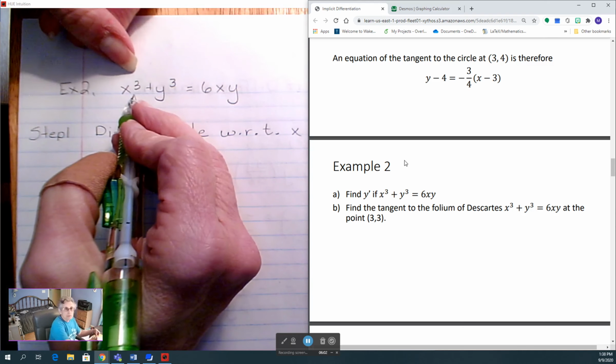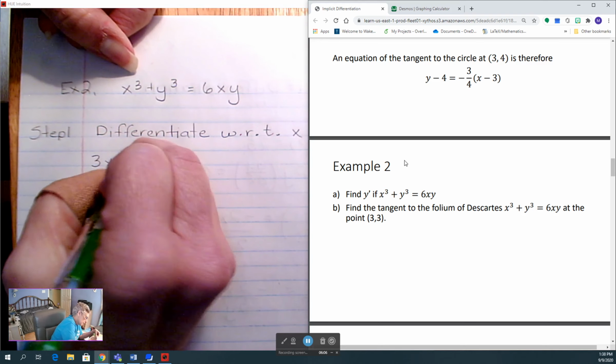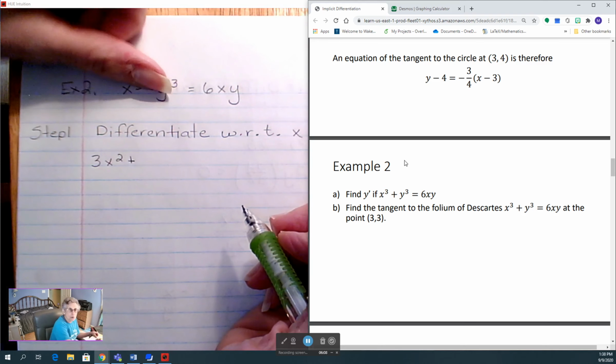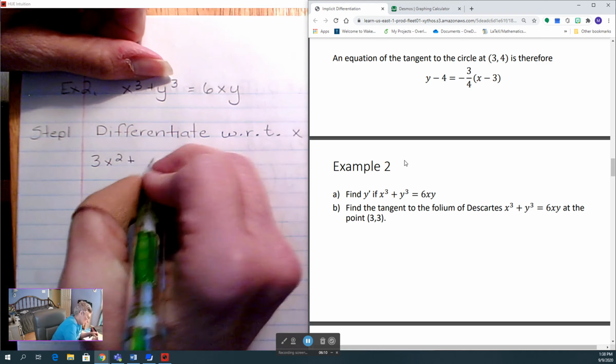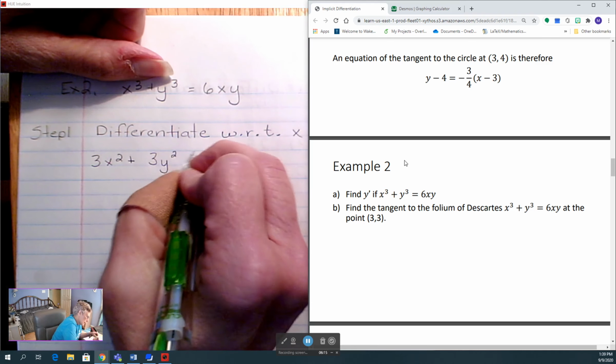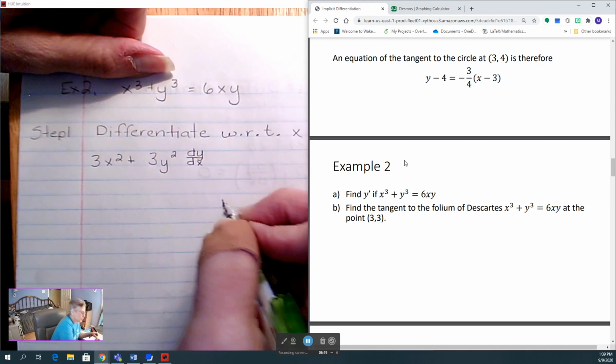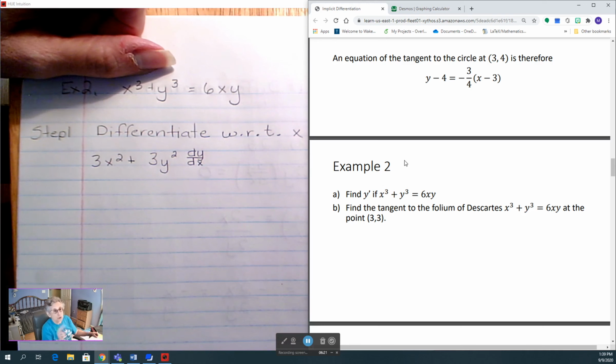So first term is a function of x. Derivative's just 3x squared. Second term requires the chain rule. Actually, y is the inside function. Cubing stuff is the outside function.